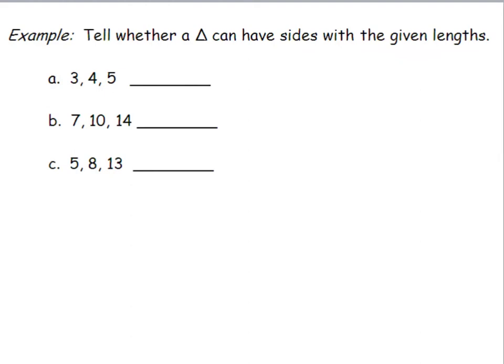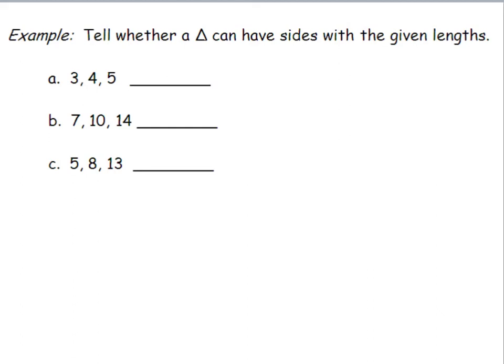So for this example, we're going to try to tell whether or not you can actually have a triangle with the given side lengths. In the first one, they are giving me 3, 4, and 5, and those are the three side lengths that I'm trying to utilize to make a triangle. The easiest way to figure out whether or not I can make a triangle is to do the following steps.